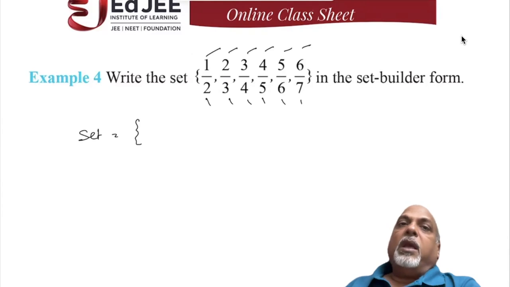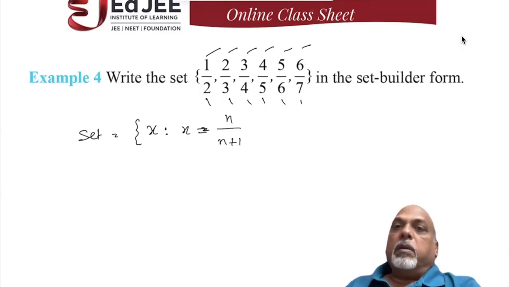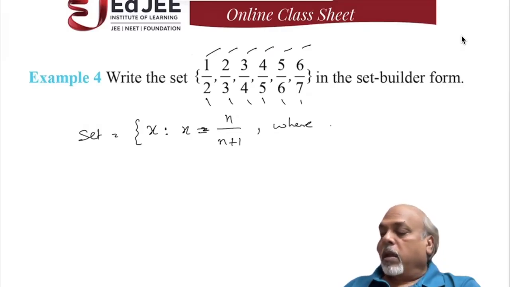Thus there is a relationship: x is equal to n upon n plus 1, where n is a natural number.